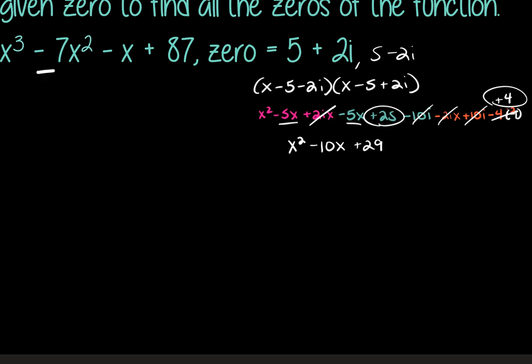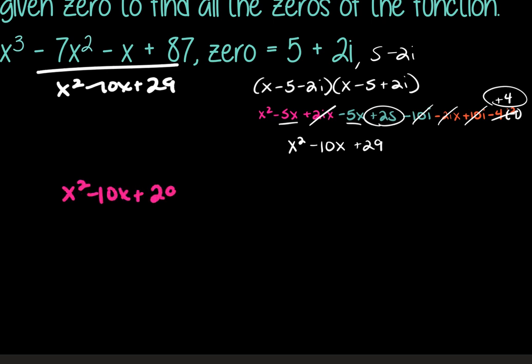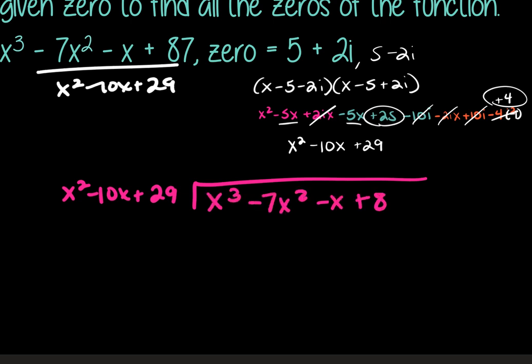Now I have to divide the original by what I just found. So x squared minus 10x plus 29 goes on the outside. X to the third minus 7x squared minus x plus 87 goes underneath. So it would be something like that where it's not factorable.